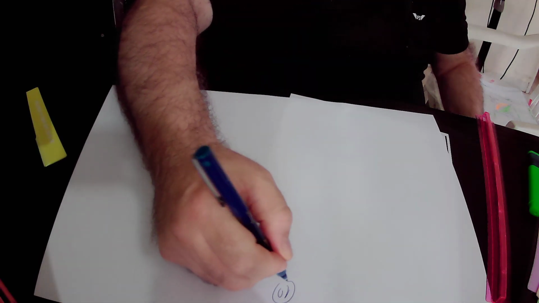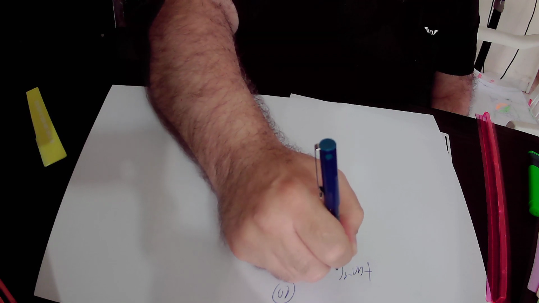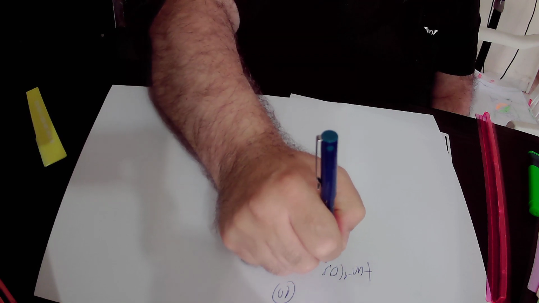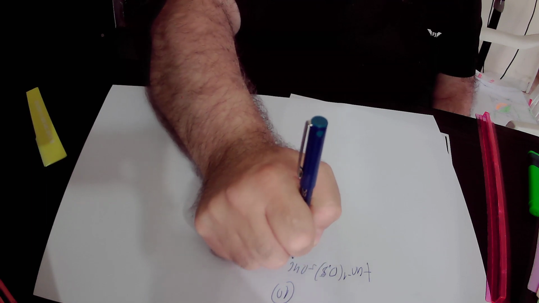And we know that tangent minus 1 of 0.5 is equal to 0.46.